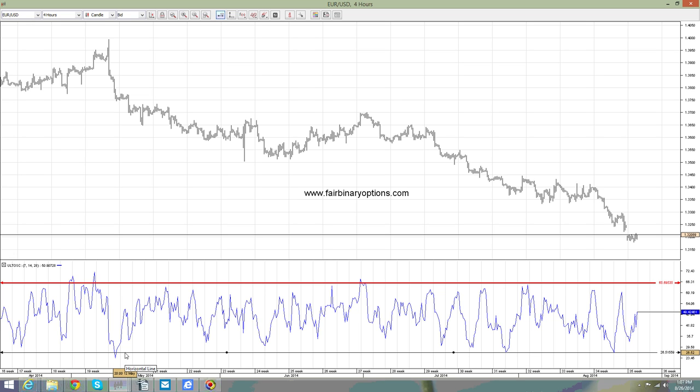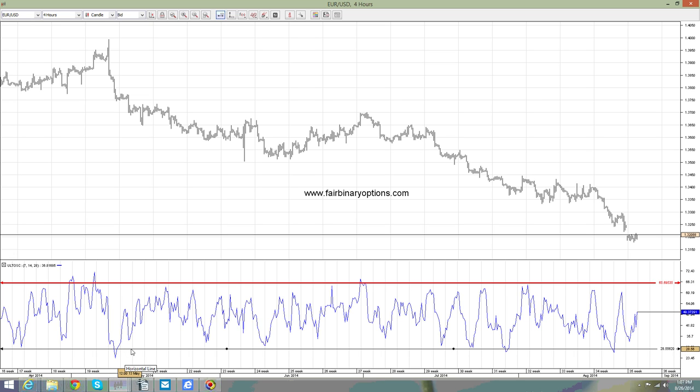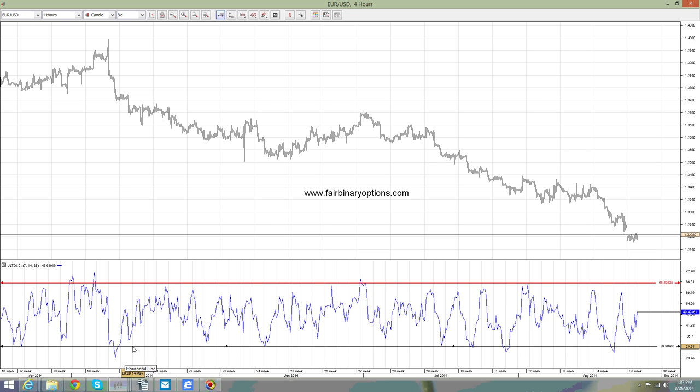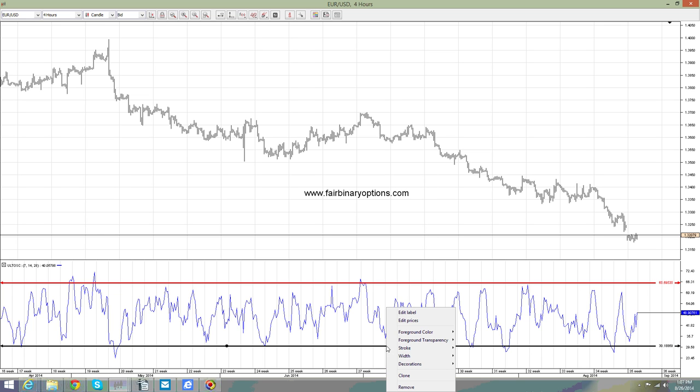So let's make something like the 30 level a nice area for trying to identify the oversold level. So the 30 level here on the oversold, and then taking a color, let's make this one, for example, green, as we would like to buy call options every time price goes there.